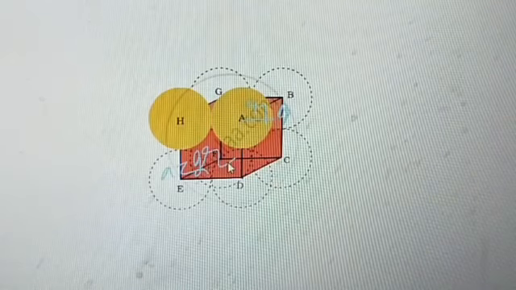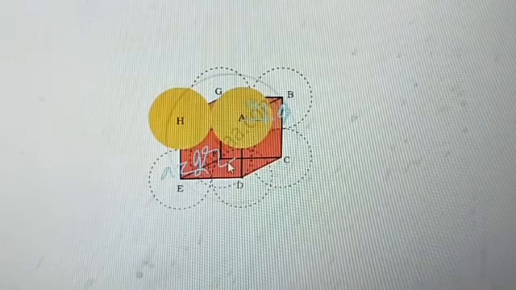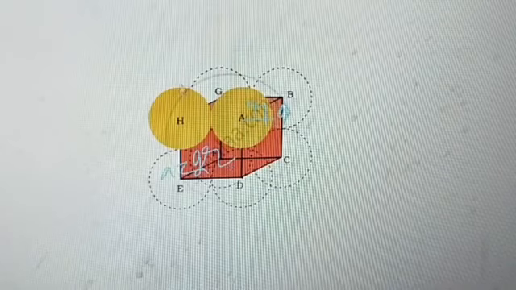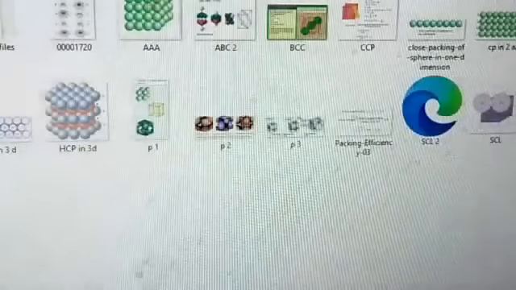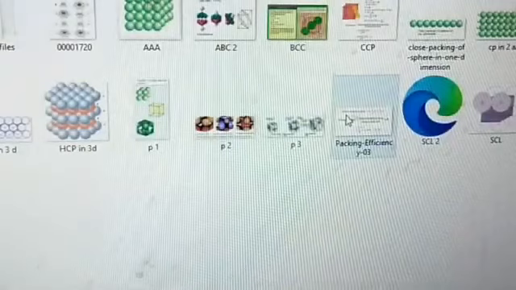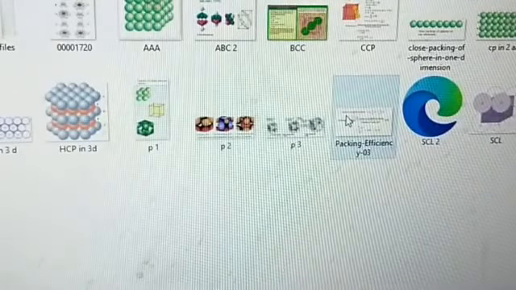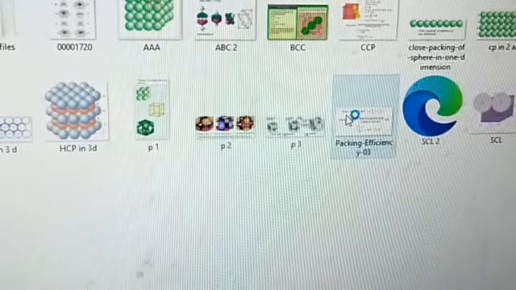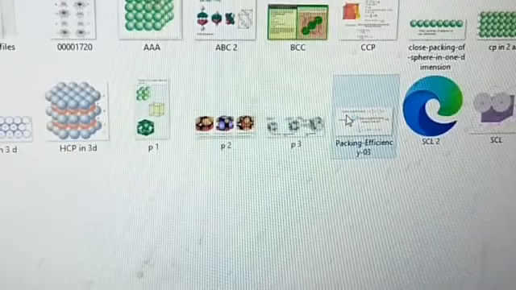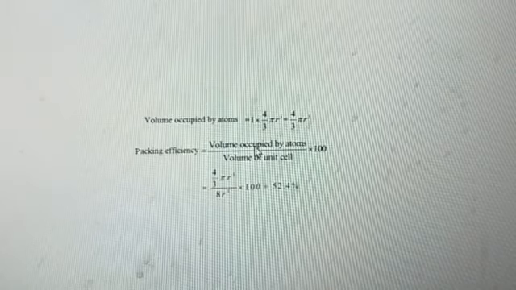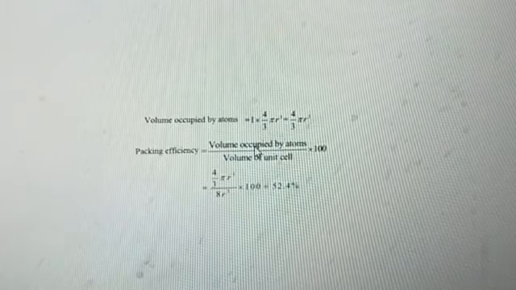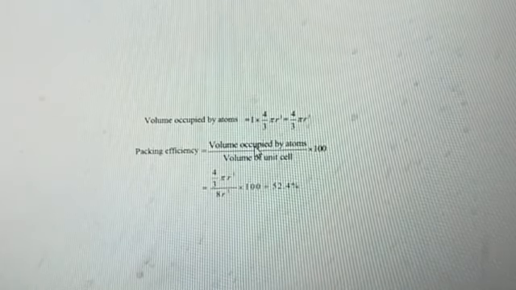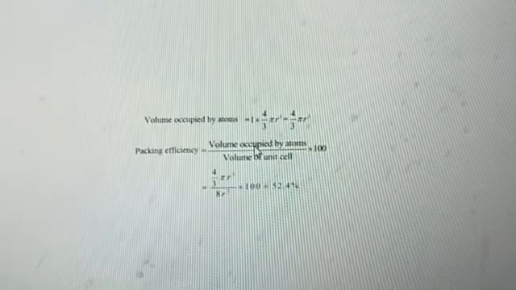Okay. Now, as it is a simple cubic unit cell, it contains only one atom. Already I explained to you in this session itself the number of atoms per simple cubic unit cell. As each atom present at the corner is shared by 8 of its adjacent unit cells, only 1/8 part of the atom belongs to the particular unit cell. 8 corners are there, so 1/8 into 8 is equal to only one particle.